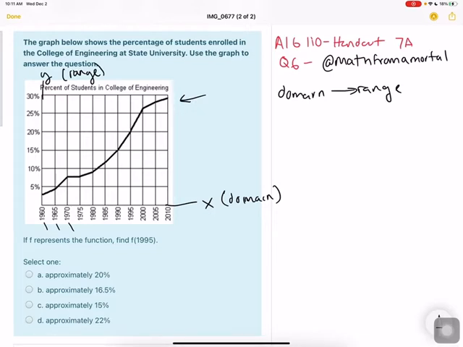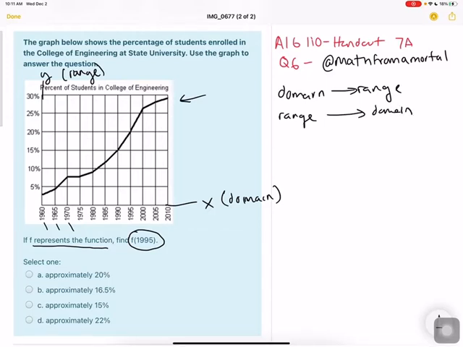So the question says if f represents the function, so that's my graph, we have to find what f of 1995 means. There are two ways that the questions are going to be asked on these problems. You're going to be given the domain and you have to find the range, or you're going to be given the range and you have to find the domain.